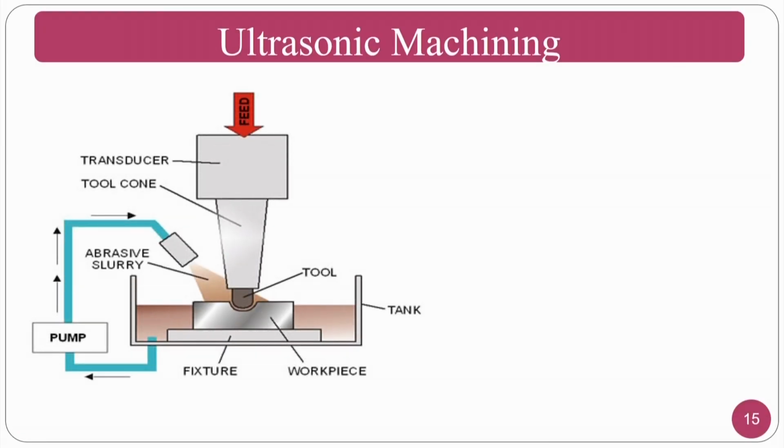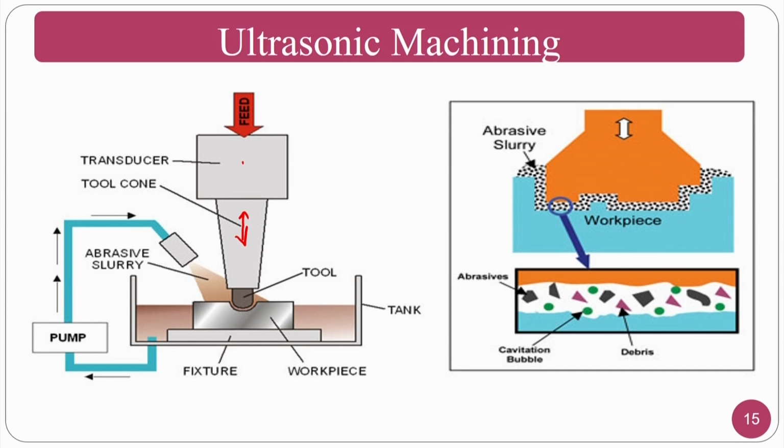Ultrasonic machining, if you want to see in the schematic way, the abrasive slurry is fed like this, and the tool is there, and transducer is there. This transducer gives the vibrations, and the tool vibrates like this, and you will get the required or the converse shape on the workpiece.